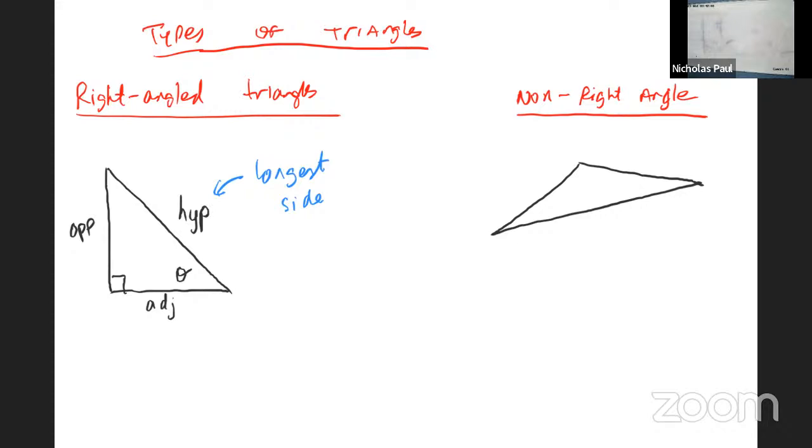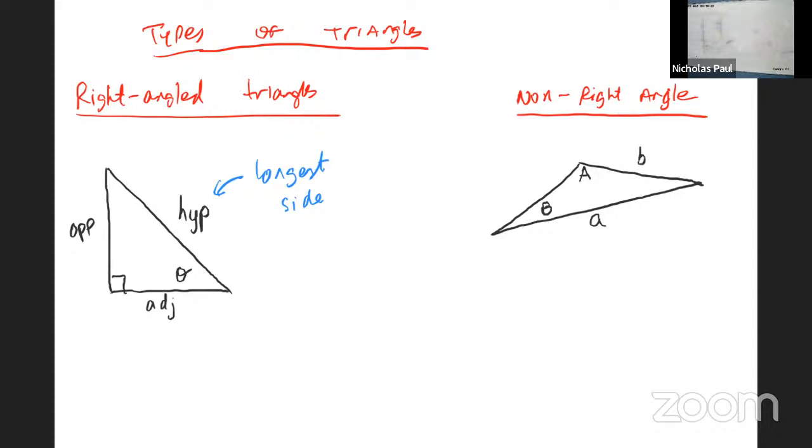Watch this here. When you're labeling, angles get capital letters, lengths get lowercase letters. If here's capital A, then opposite that is a lowercase a. If here's capital B, opposite that angle is your length lowercase b.